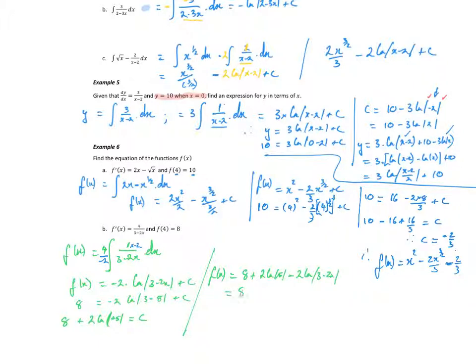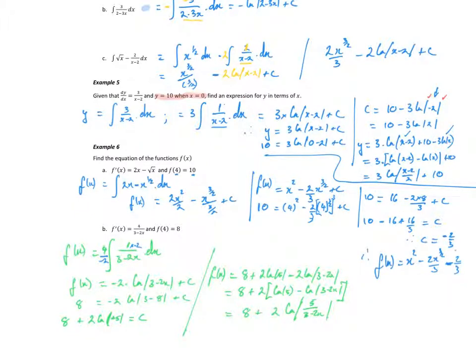Again, we can write those logs together, 2 out the front, natural log of 5 minus natural log of 3 minus 2x, which is equal to 8 plus 2 natural log, subtract log, so we divide. There's our function f of x. All right.